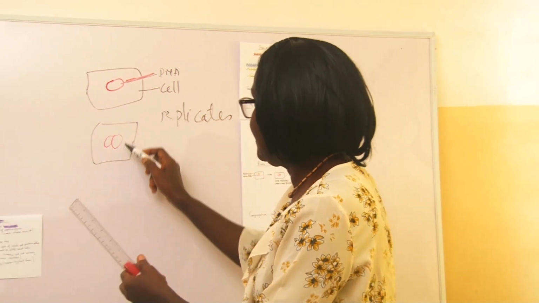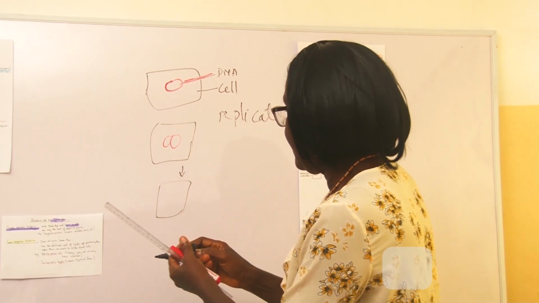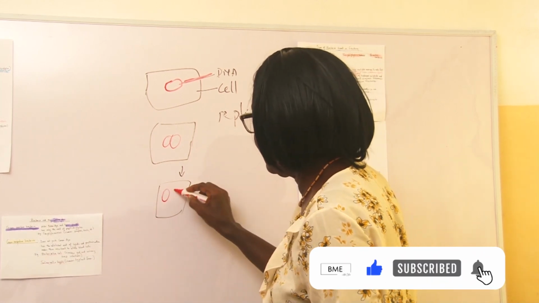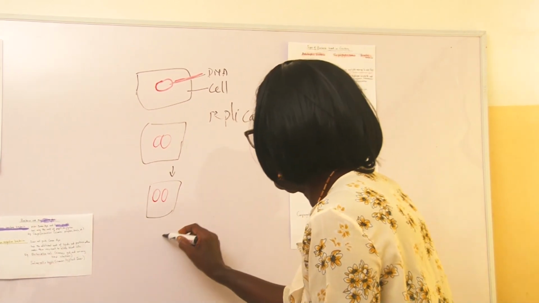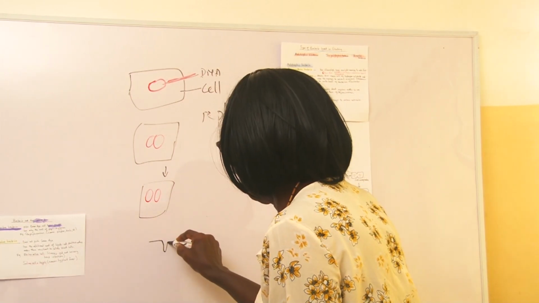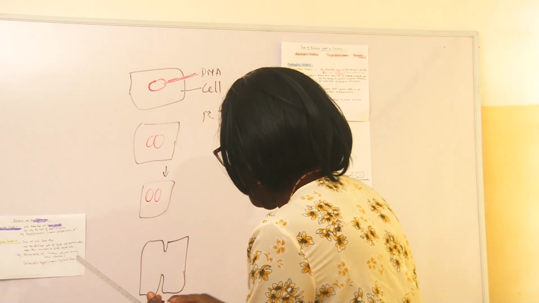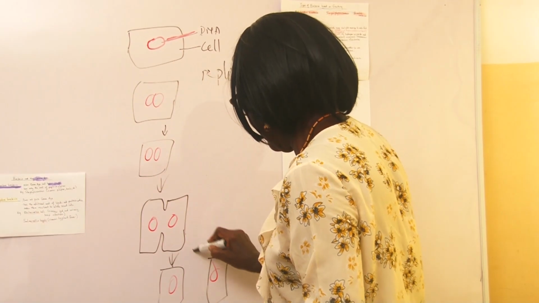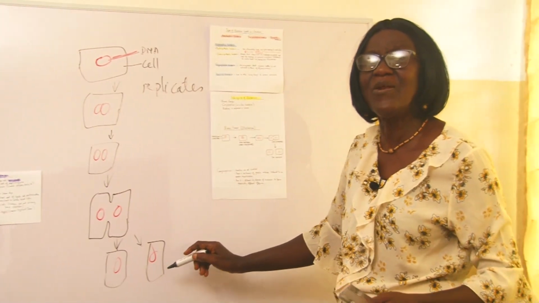It replicates, and then quickly you have 2 DNAs, if you like, in the cell, and then quickly the cell cytoplasm will divide. The cytoplasm will start dividing. So you have 1 DNA in each.